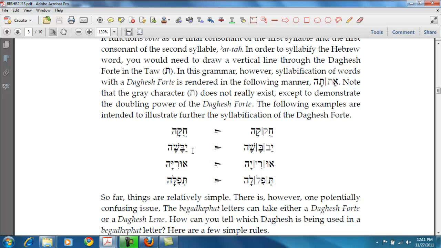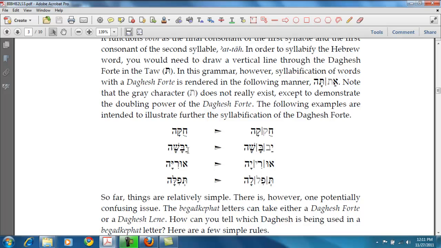This next one is yabasha. You start out with the yod, the patach, and the bet. Of course, you see you've got that dagesh in that bet. That's not a lene because lene can't follow a vocal vowel. So that has to be a dagesh forte.